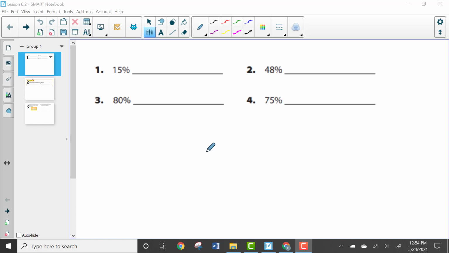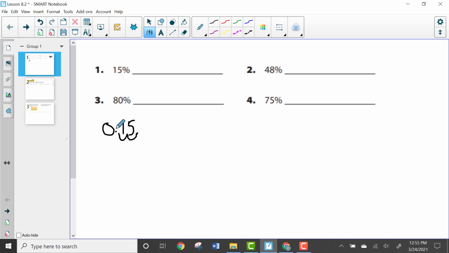Okay, so it's important to understand that when we have a percentage, like 15%, if you want to change it to a decimal, you understand that the decimal is to the right of the ones place. Even though it's not there, it's to the right of the ones place. So if you want to change that percent to a decimal, you take that decimal point and move it 2 places to the left.